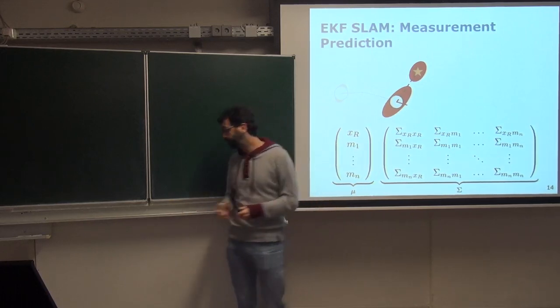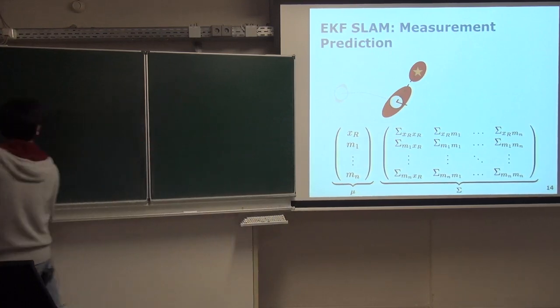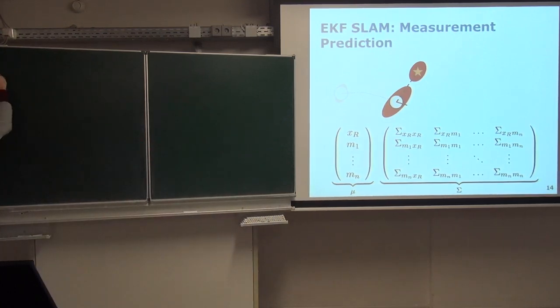So you basically have that your predicted measurement, let's call it z, is equal to, let's do the linear case, as we saw before, Hx. That's how we predict our measurement. We have our linear measurement function and our state.